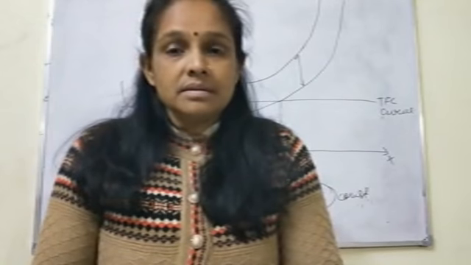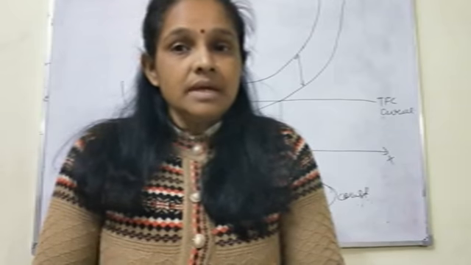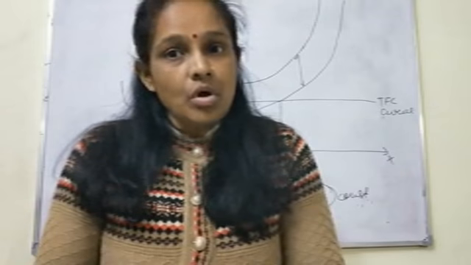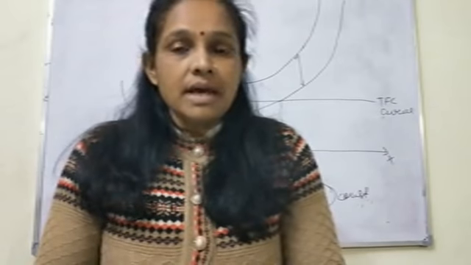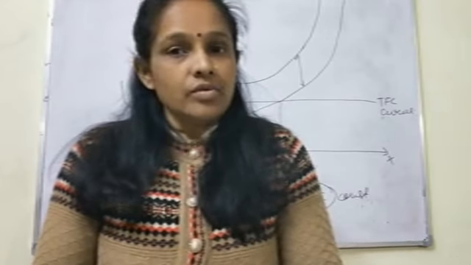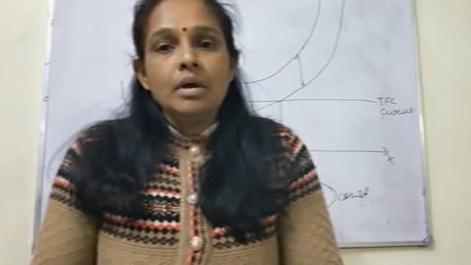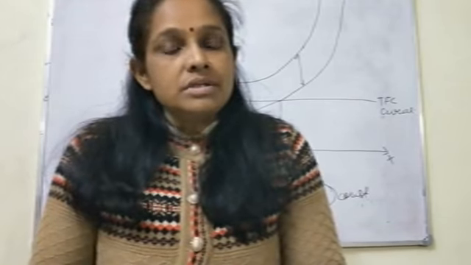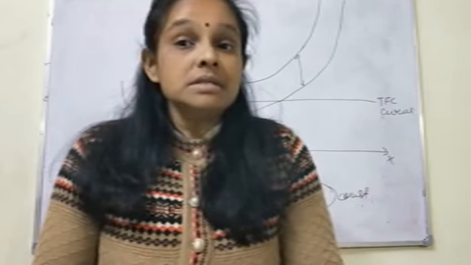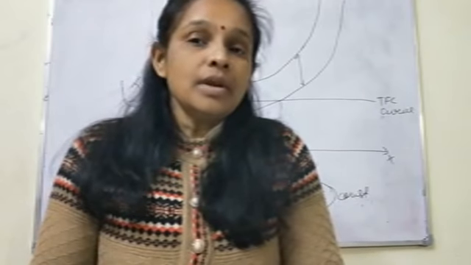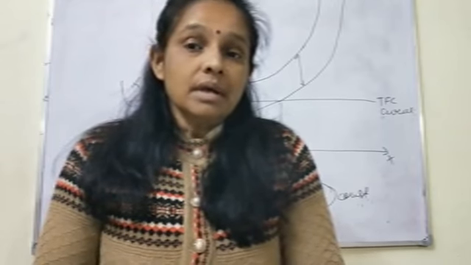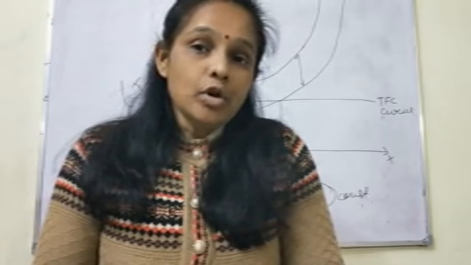Total cost is the sum total of total fixed cost and total variable cost. Full stop. That is the first relation. Second relation: total cost and total fixed cost are equal at zero level of output.